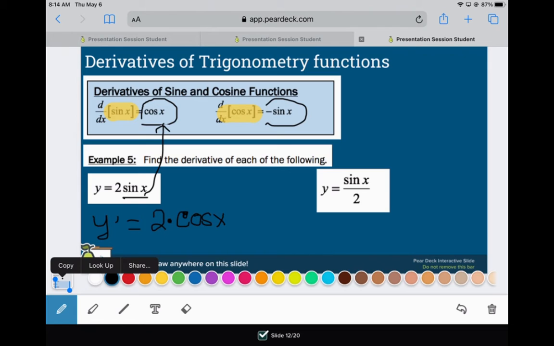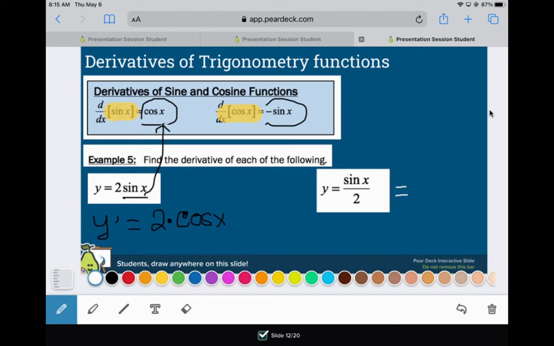Question for me so far? Cool. All right, then we'll look at the next example.